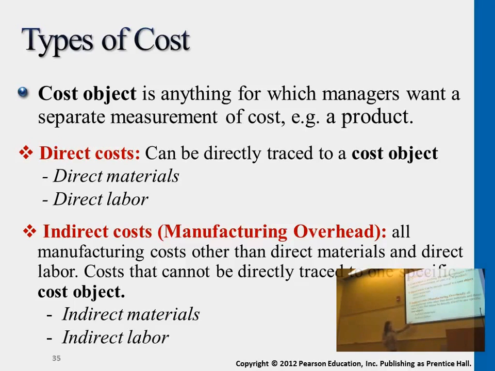Okay? Indirect labor, to give an example, would be perhaps the janitor's salary. The janitor you hire to help you clean up the factory. That can't easily be traced to one particular line of business, one particular product, because the manufacturing side is for multiple products. So the janitor's salary, the entire management's salary for the entire plant, is considered indirect labor, meaning it cannot be directly traced to one particular product.